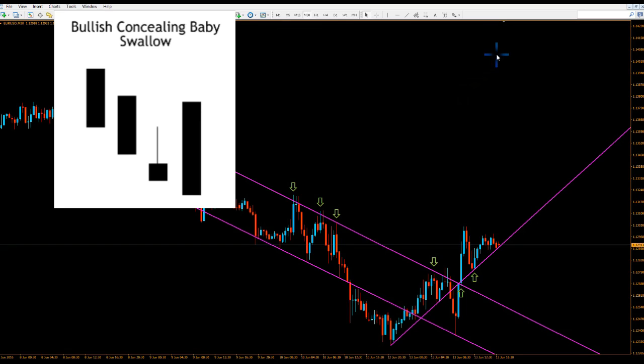So because it opened so much higher up, it means that there are a lot of buyers. So even though there are no bullish candlesticks there, it means there were buyers. And the last two candlesticks actually say that there are buyers in the market now, because the first one was also bullish but then was pushed down.